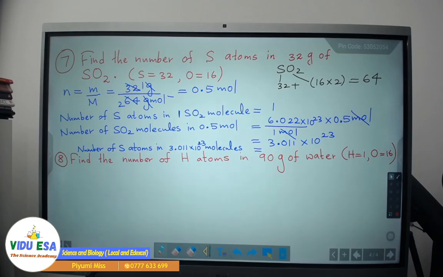So there you have to follow the flow. Don't you need to memorize the flow? Get the concept. When you are given a mass, you have to convert it into the number of moles. Moles into molecules. Then molecules into atoms.